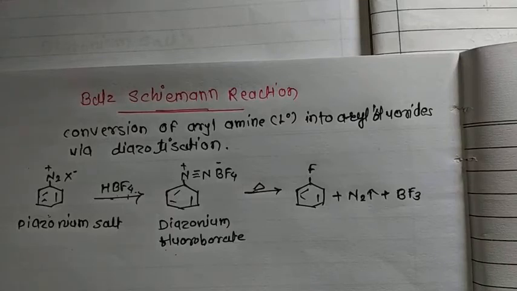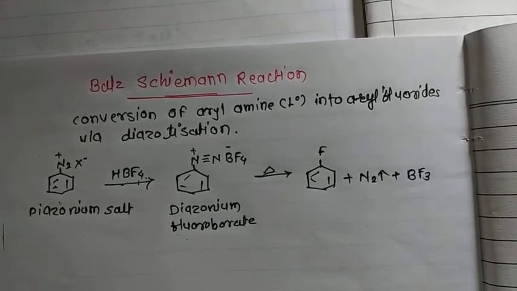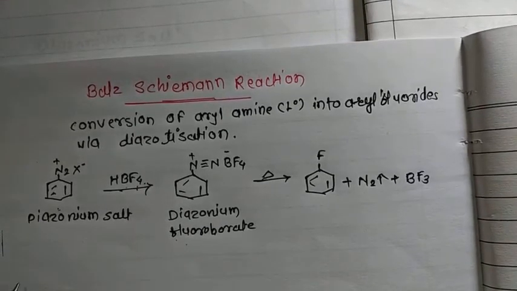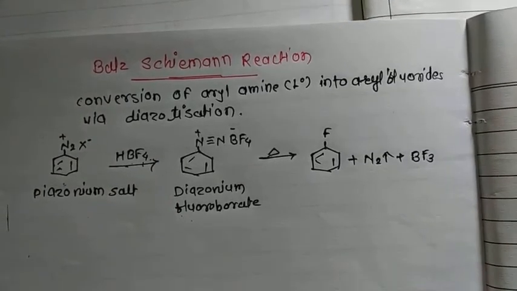Okay, and we have to remember that the Balz-Schiemann reaction is a process in which we prepare aryl fluorides from the diazonium salt. Next, the mechanism of this reaction. We have to discuss the mechanism.